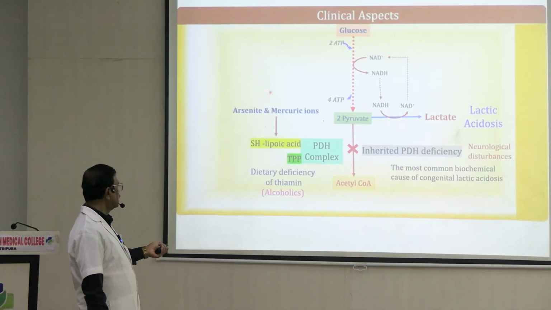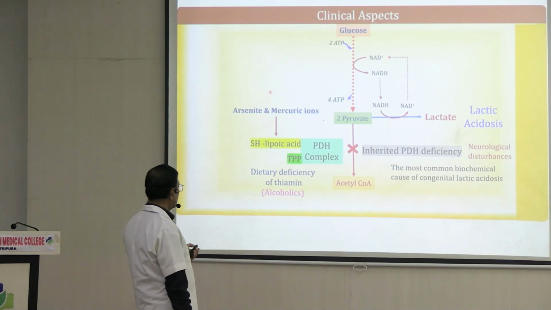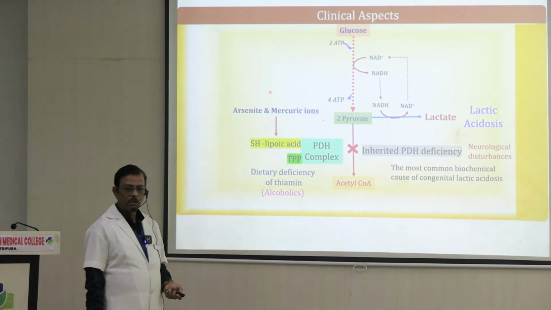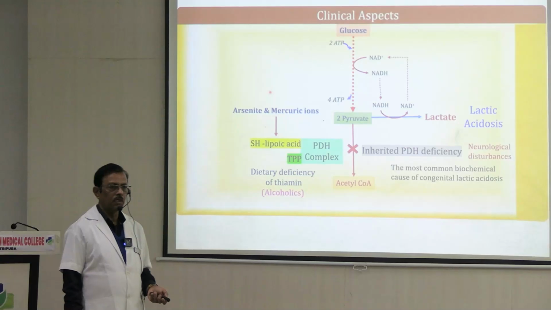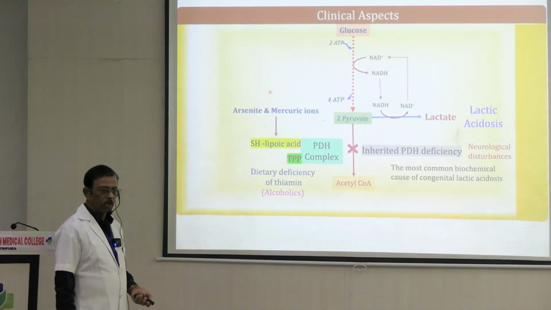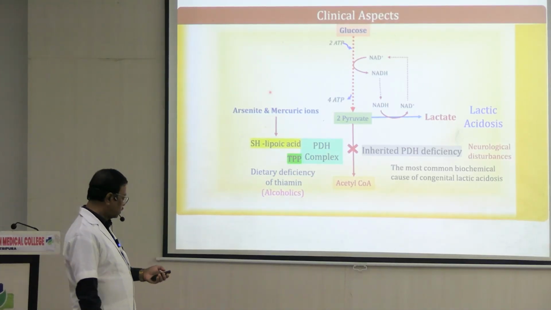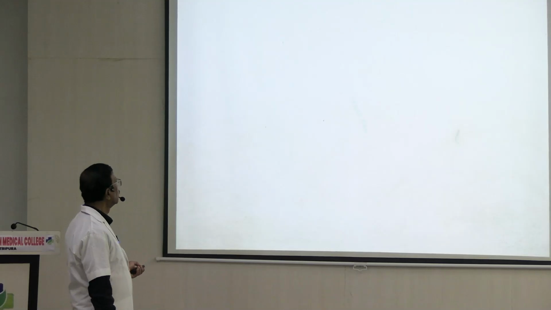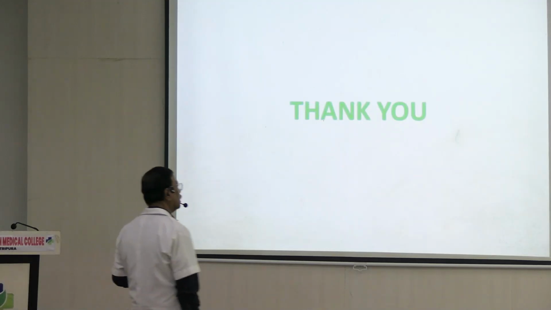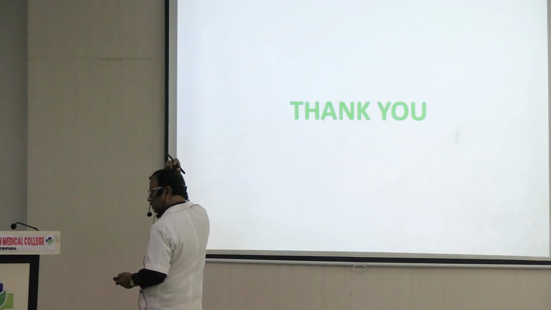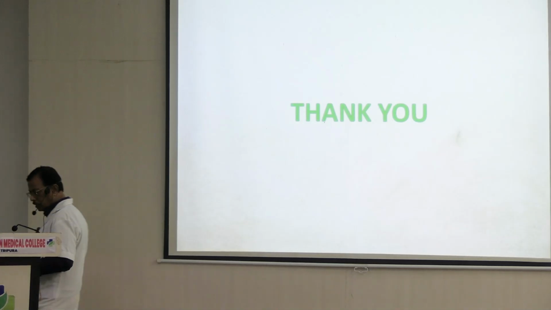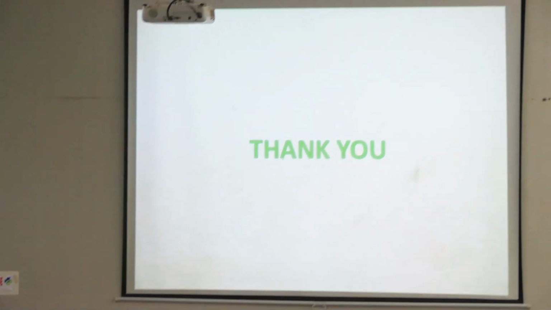So indirectly they inhibit the PDH complex. Dietary deficiency of thiamine causes deficiency of TPP, so PDH complex activity will be reduced. Okay, now this ends this part of this slide. Then we will go to the next part.